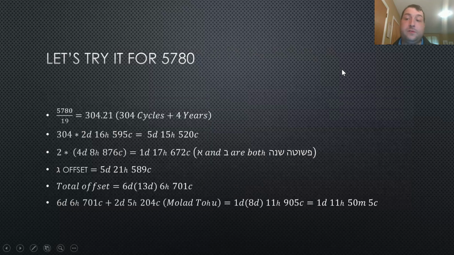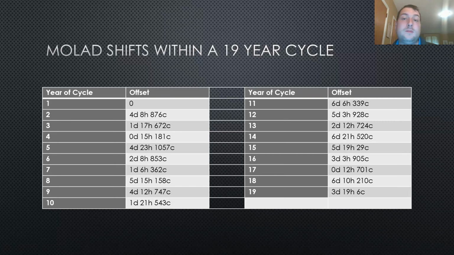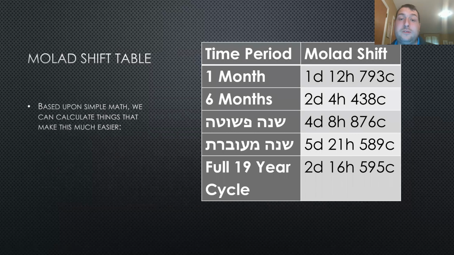So let's try this for 5780. 5780 divided by 19 is 304.21, or 304 cycles of 19 years plus 4 years, because we're in the 4th year. 304 times 2 days, 16 hours, and 595 chalakim. That's our molad shift for a full cycle.